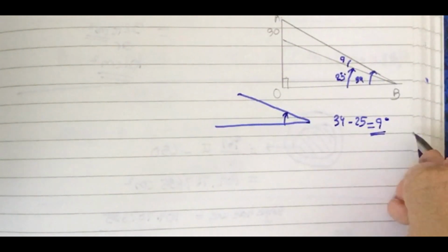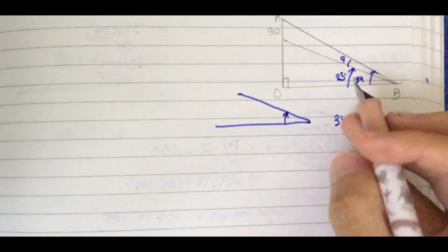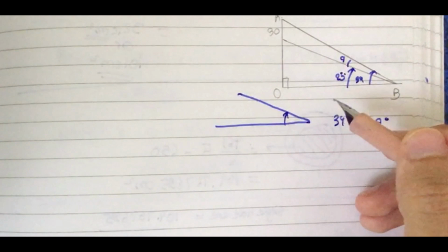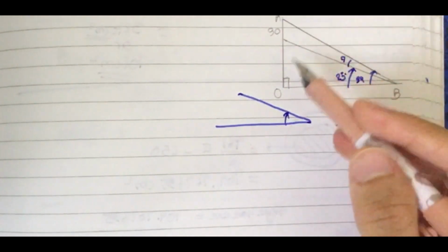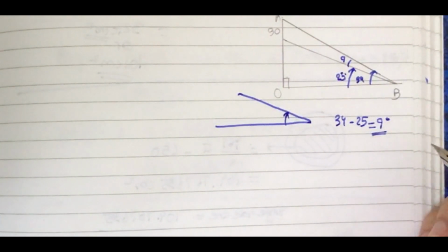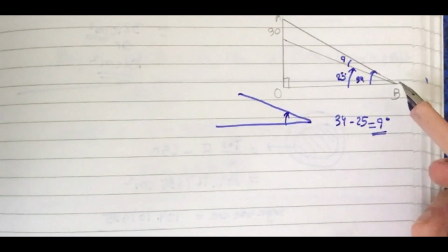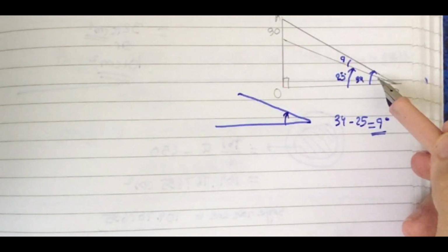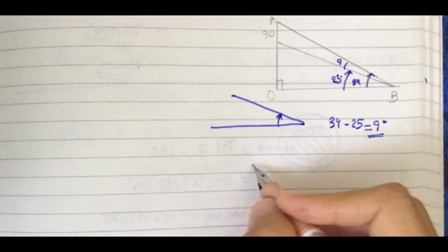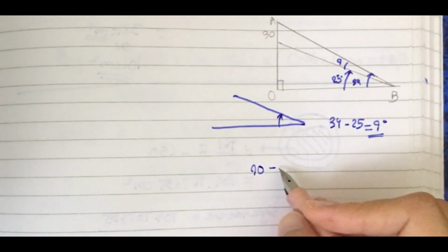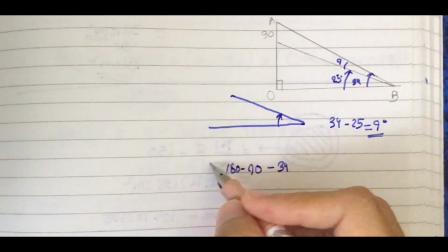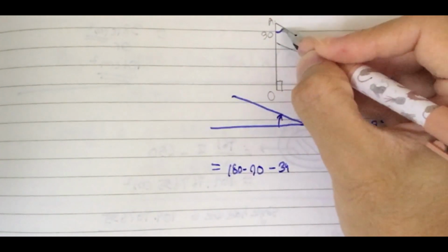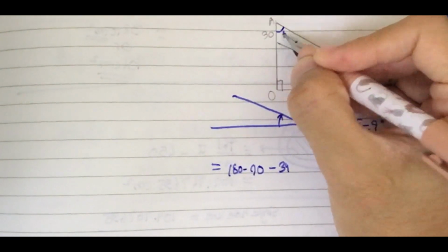Now this is 9°, and this is a right-angled triangle, because you can see from the diagram that it is a right-angled triangle. So we have a right triangle right here, and we have 34° here. If we do 180 minus 90 minus 34, because the sum of the angles in a triangle is 180, you will get the angle over here, which is 56°.